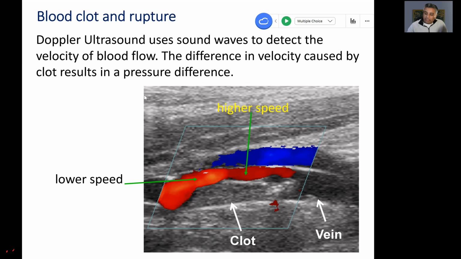So by measuring the speed of blood flow, you can tell if there is a clot building or not. If a clot is building, you will detect a difference in speed in two parts of the artery or vein. If the flow is going smooth, there is no clot. You want to catch that before it ruptures.